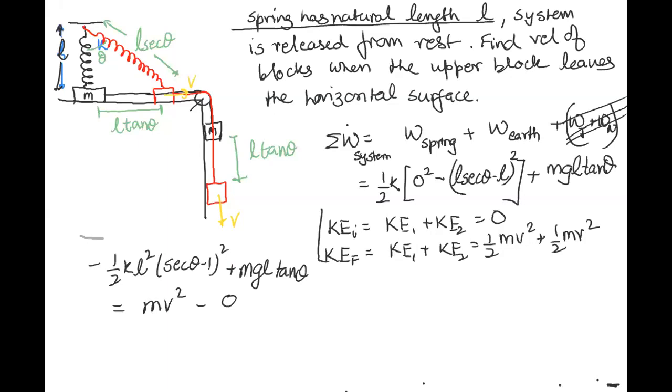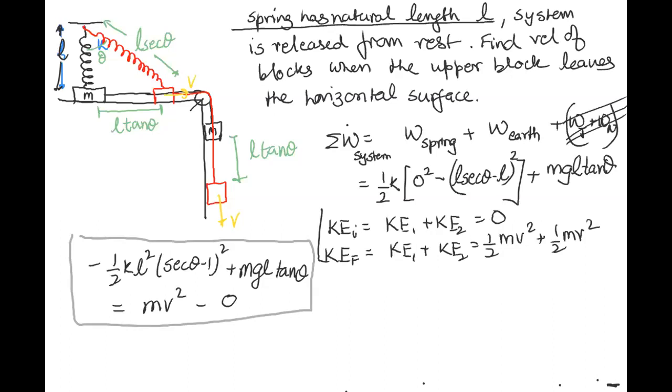And as I told you, this condition is the work energy theorem, and it has two unknowns. Theta is unknown, v is unknown. I don't know either.